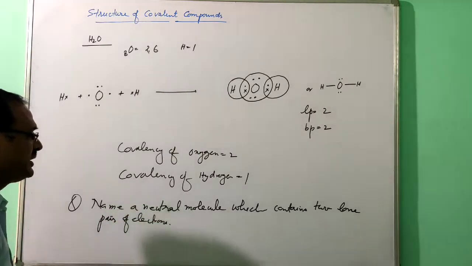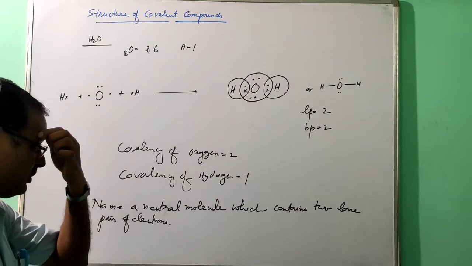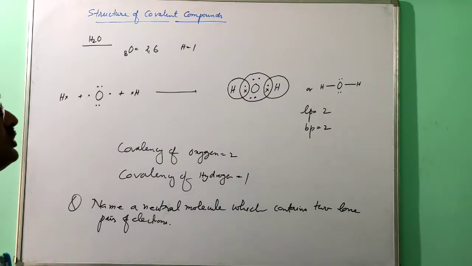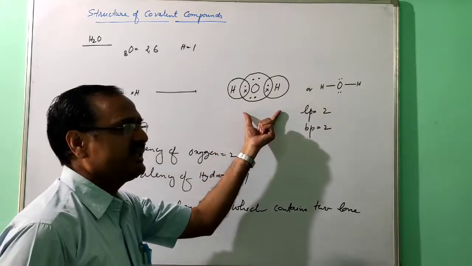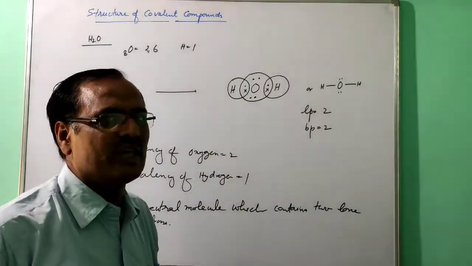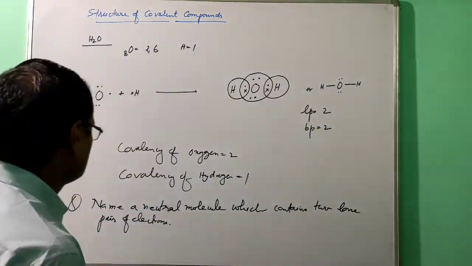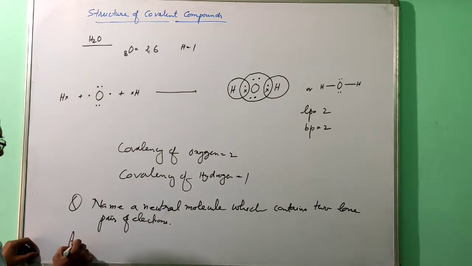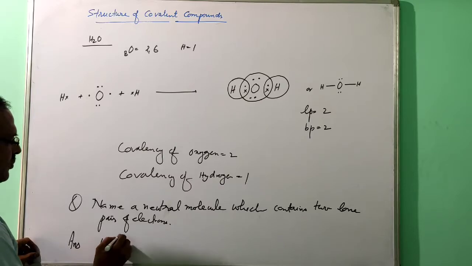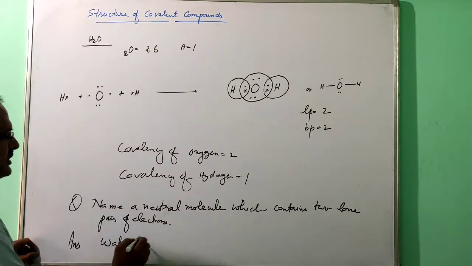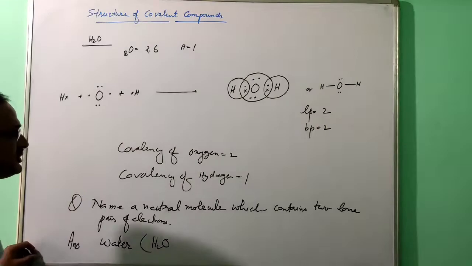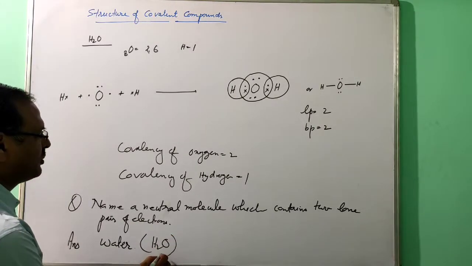This is the question. So you see, this water is neutral. Neutral means no charge is present, and how many lone pairs are there? 2 lone pairs. So your answer will be water, H2O. This is neutral and contains 2 lone pairs.